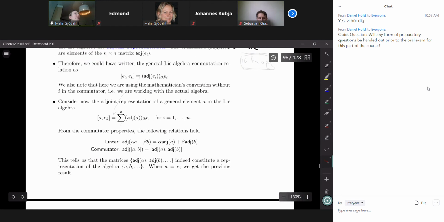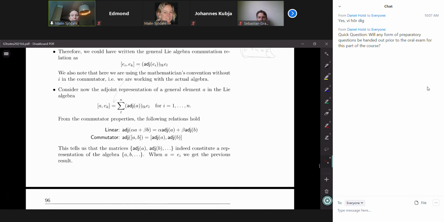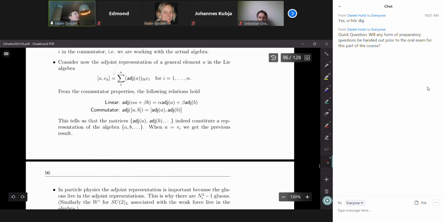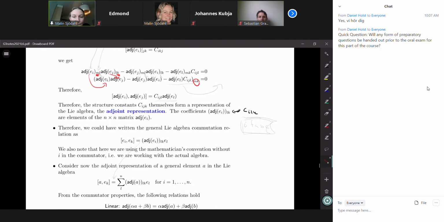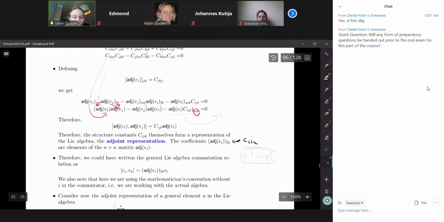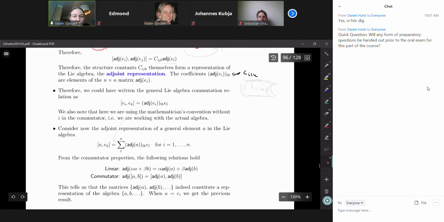So questions to this? Yes, one question. The sum from L to N, and then you have further down I equals to 1 to N. Is that just a mislabeling?